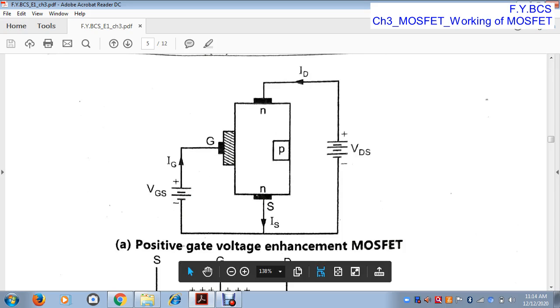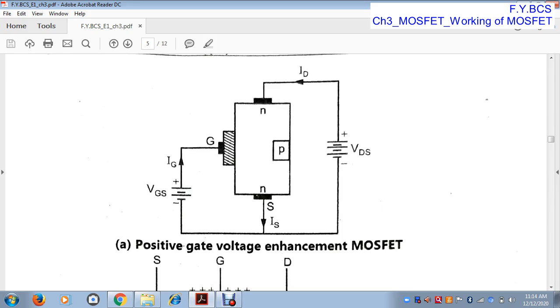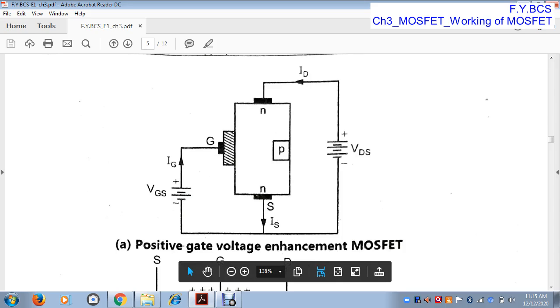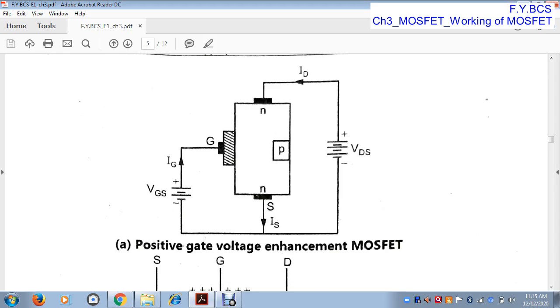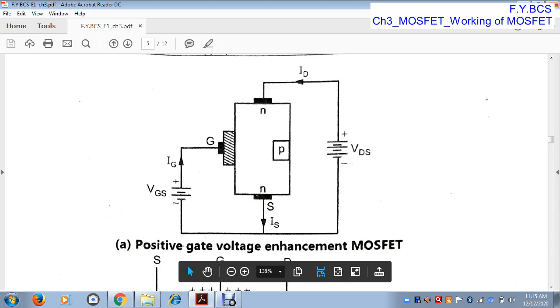The positive terminal of the supply is connected to the drain and the negative terminal of the supply is connected to the source terminal. ID represents the drain current, IS represents the source current, and IG represents the gate current.